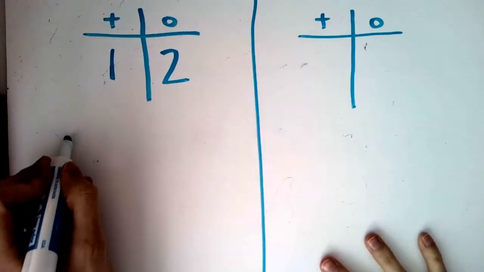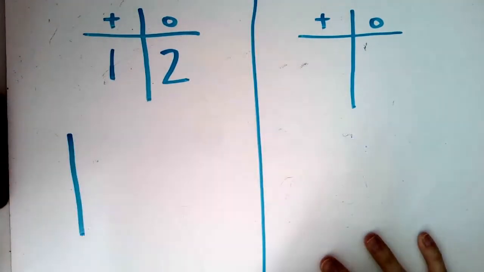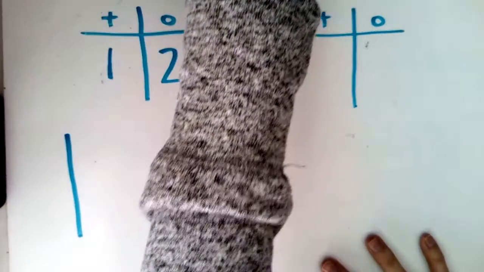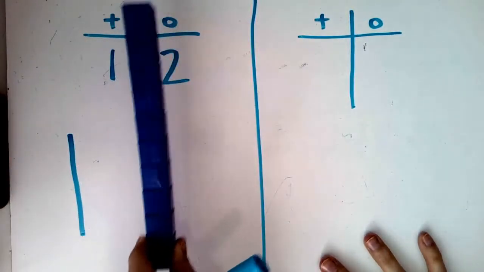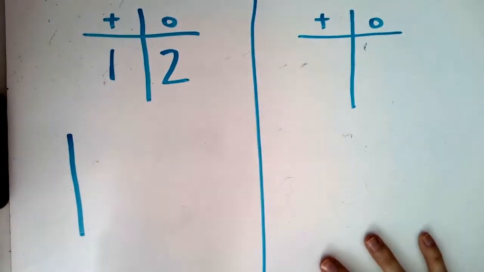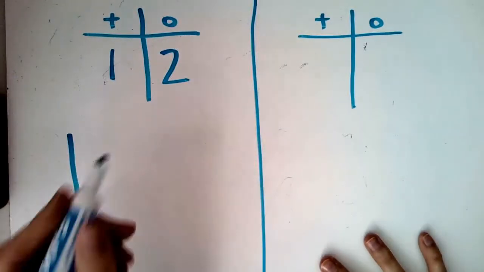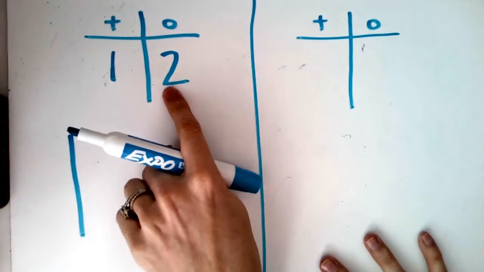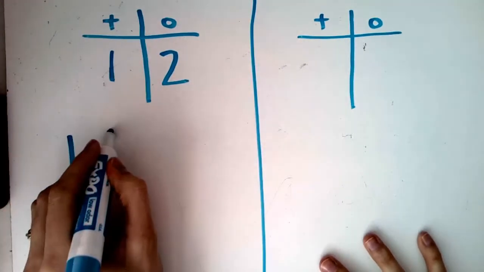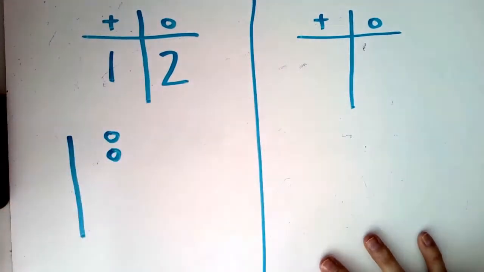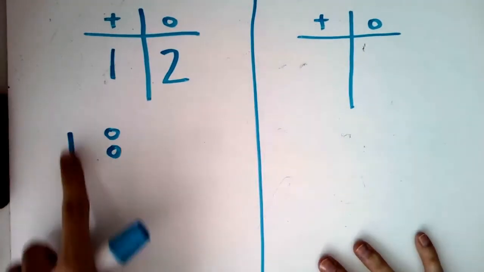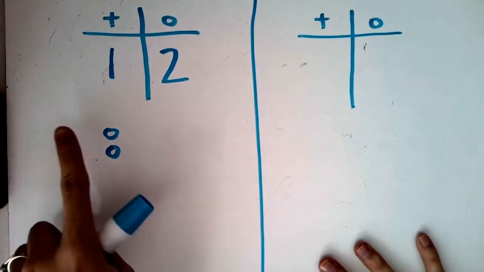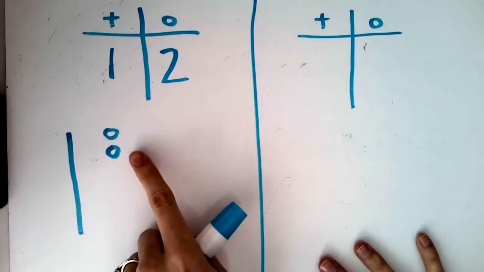When I'm drawing a 10, I'm going to draw a straight line. Okay, kind of looks like if you shrunk one of these linking cube sticks down, it would just be a straight line. Okay, and then for the ones, I see I have 2. We would draw 2 circles, which we have practiced this year. Okay, so I would call this 1 ten, 2 ones, 12, 10, 11, 12.